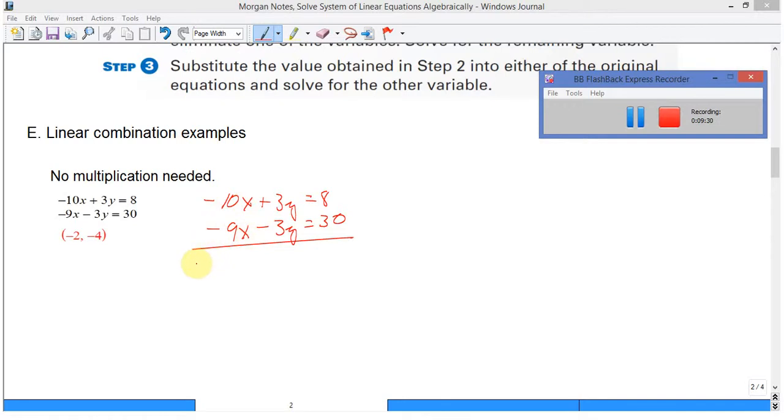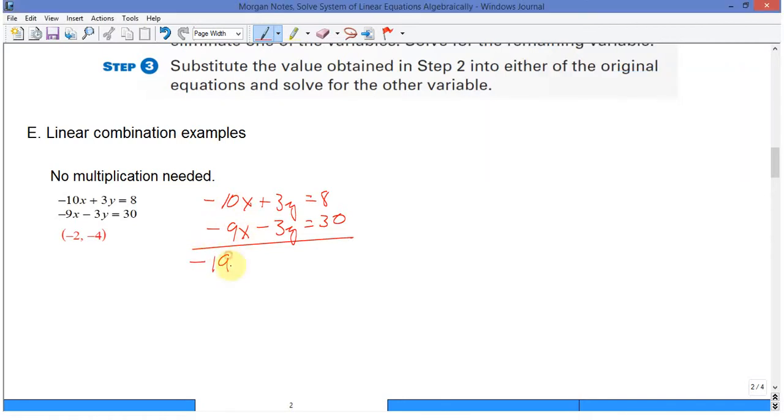That's going to give me a negative 19x, plus 3y minus 3y. Well, that's going to be 0y, so the y terms drop out. 30 plus 8 is 38. Dividing both sides of this equation by negative 19, I get x is equal to negative 2. So there's the x value.